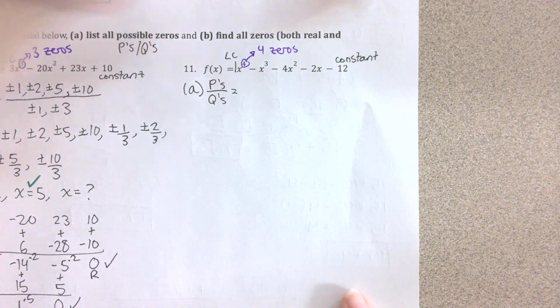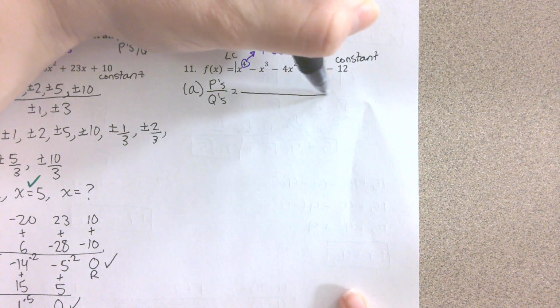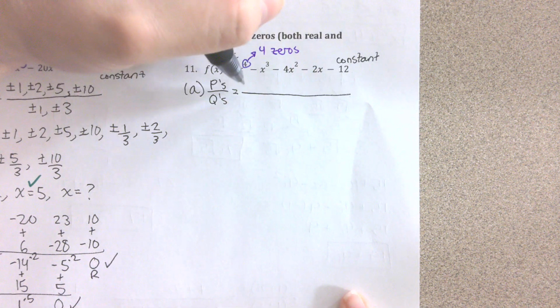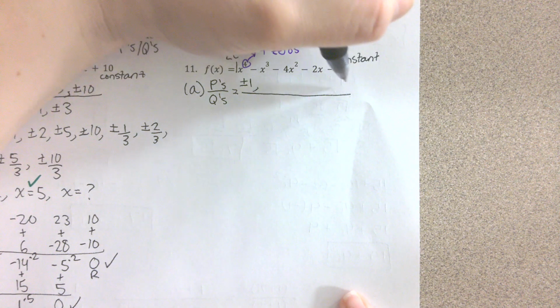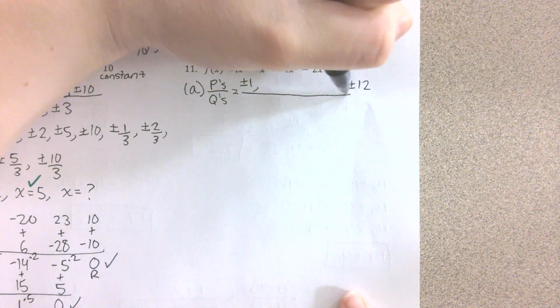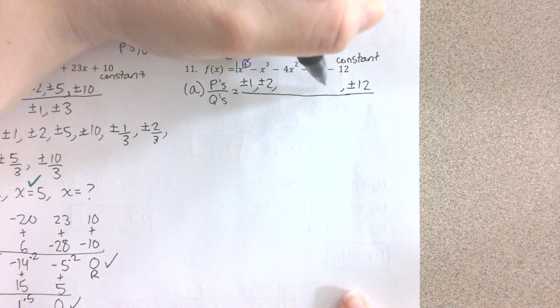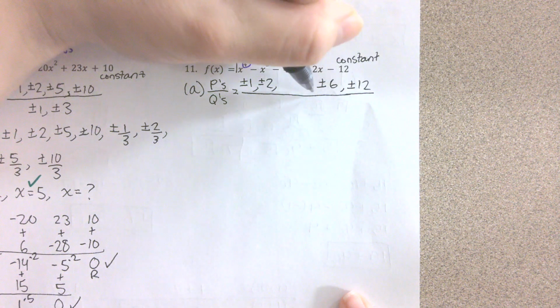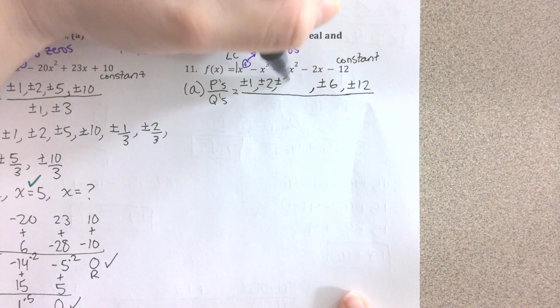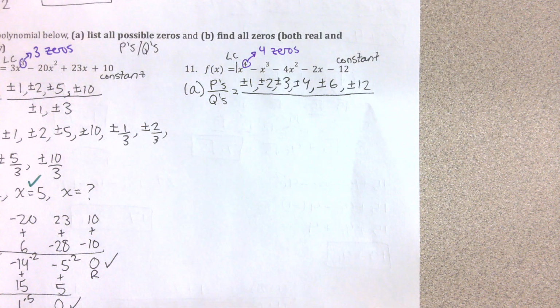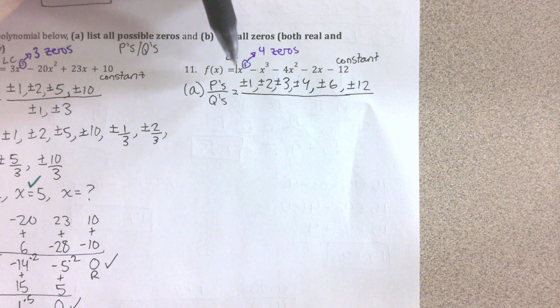All right, so on top we do plus or minus the constant factors. So it's plus or minus 1 and plus or minus 12. Next we have plus or minus 2 with plus or minus 6. And in the middle we have plus or minus 3, plus or minus 4. Luckily for us, 1 is really easy.